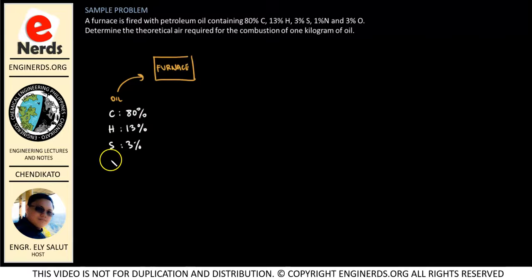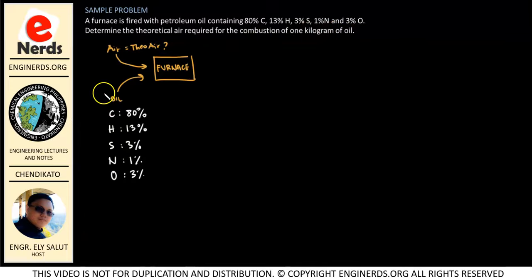And we have nitrogen, which is 1%. Oxygen, which is 3%. Okay, so yan yung mga component ng ating oil. And then, we need to determine the theoretical air required. So, ibig sabihin, may pumapasok na air, no? But we need to get is yung theoretical air. For the combustion of 1 kilogram of oil.